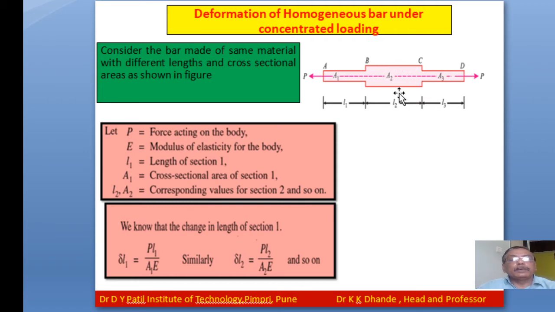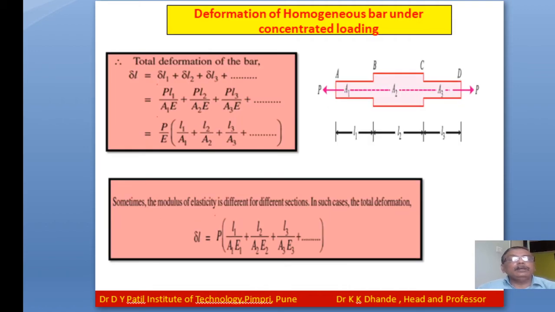Delta L2 is equal to PL2 divided by A2E. For section 3, delta L3 is equal to PL3 divided by A3E. And the total elongation, delta L, is equal to delta L1 plus delta L2 plus delta L3. So put the values of delta L1, PL1 upon A1E, PL2 upon A2E, plus PL3 upon A3E.